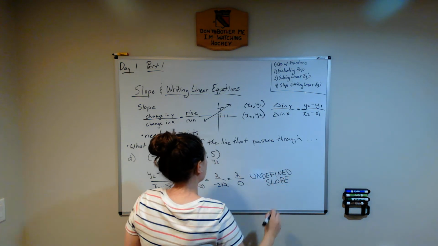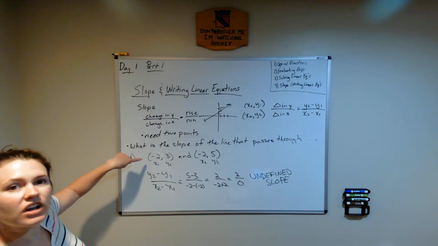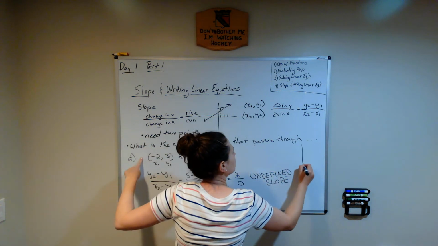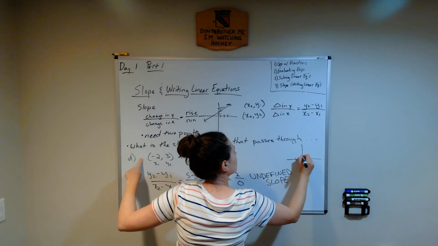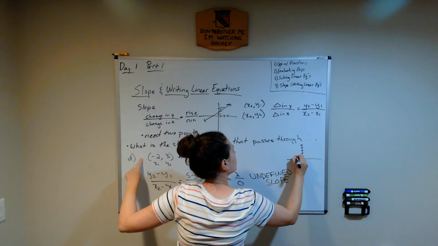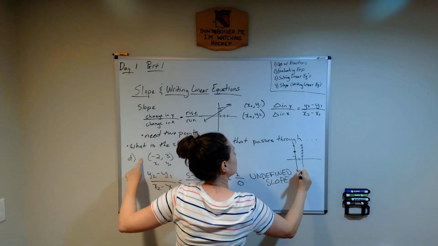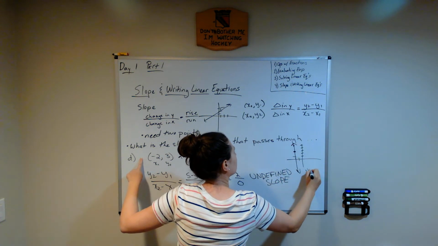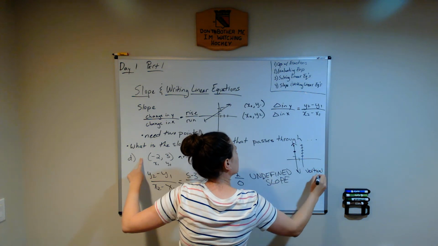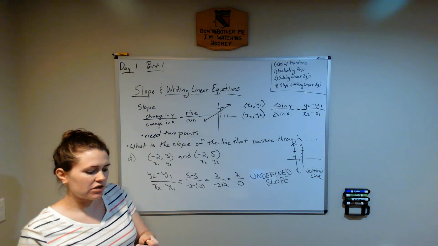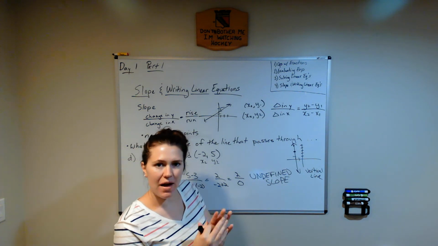The reason the slope is undefined is if you were to look at the graph of this line, okay? You would have a vertical line. Now remember, slope is how much did you increase in y as you went over a certain amount in x.